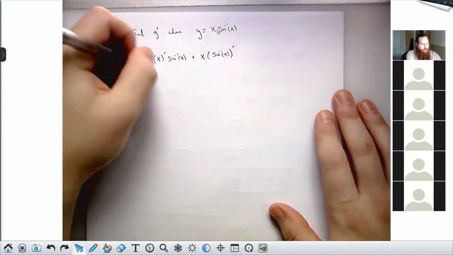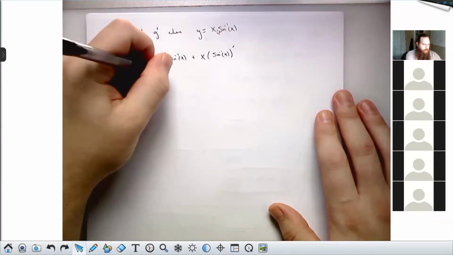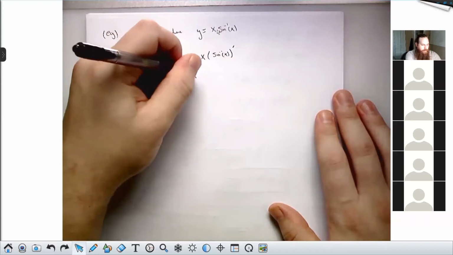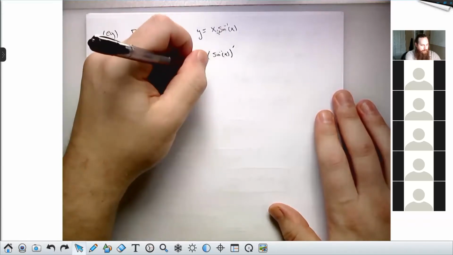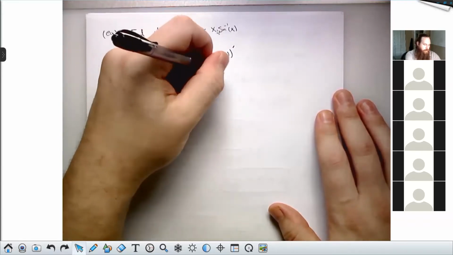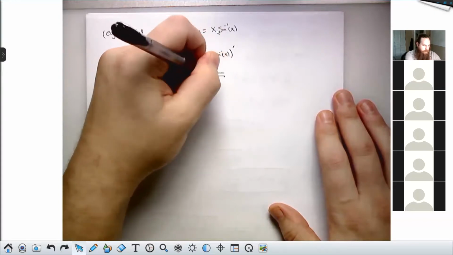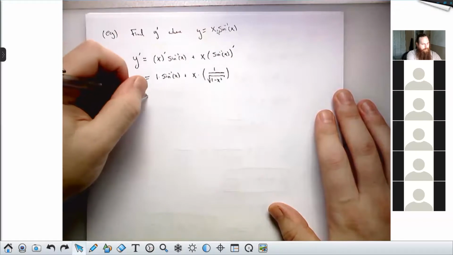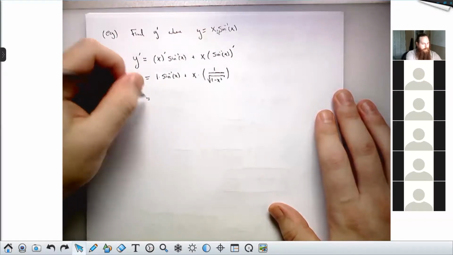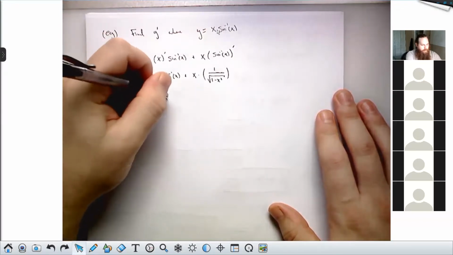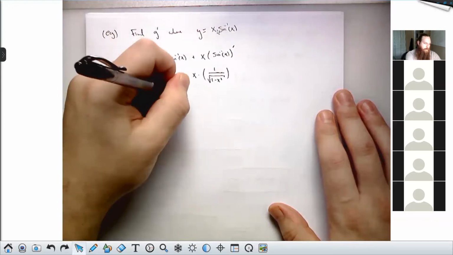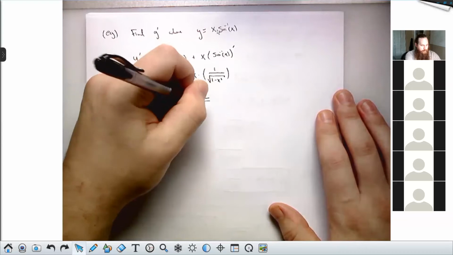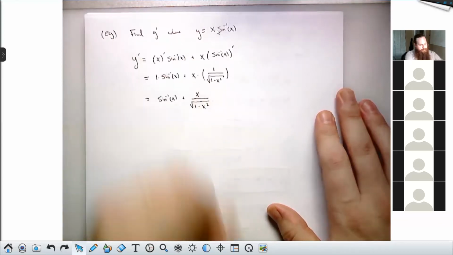The derivative of x is 1, so I get 1 times sine inverse x plus x times the derivative of sine inverse x, which is 1 over the square root of 1 minus x squared. So altogether here I get sine inverse x plus x over the square root of 1 minus x squared.